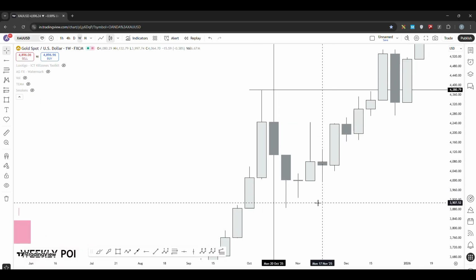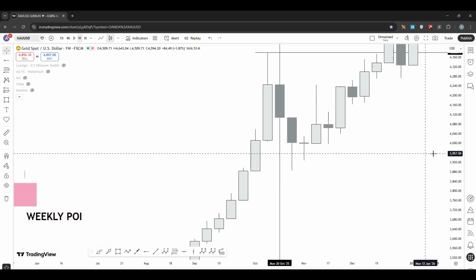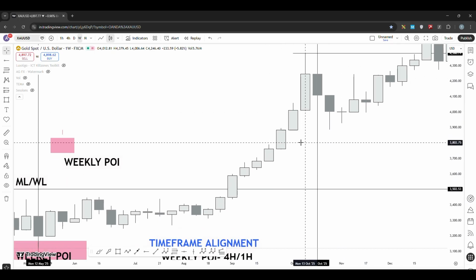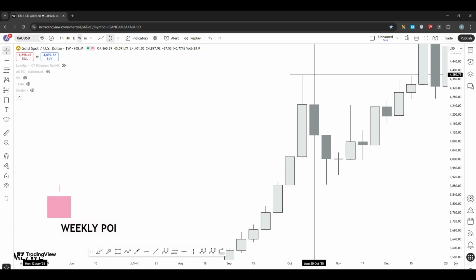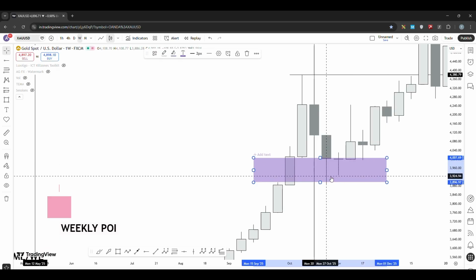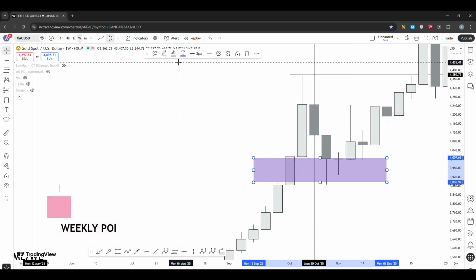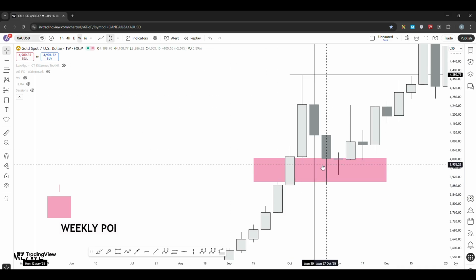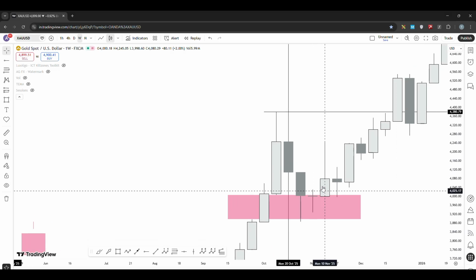And what is the nearest POI that you see over here in the weekly? You can see we have got multiple candles, multiple fair value gaps, but I told you the first fair value gap and the last fair value gap are the most important ones. So here you can see market came down, tapped to the POI, and after that market gave displacement and went up.